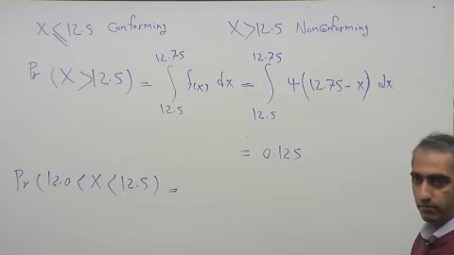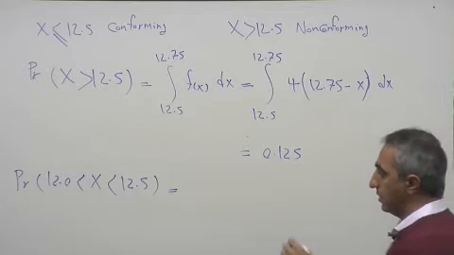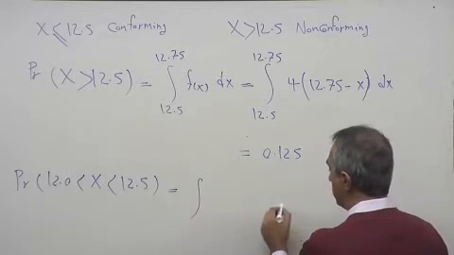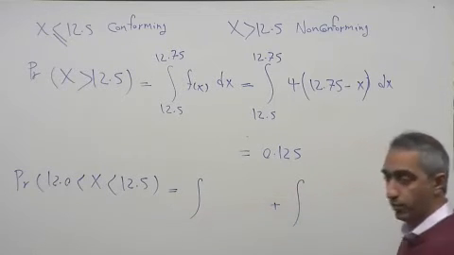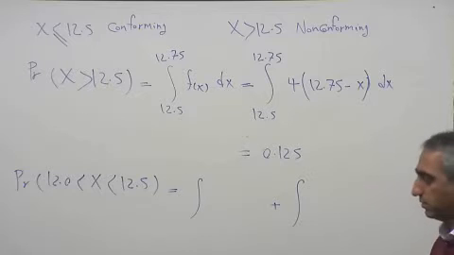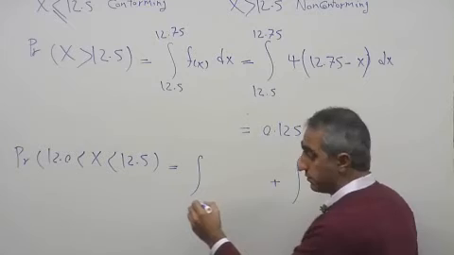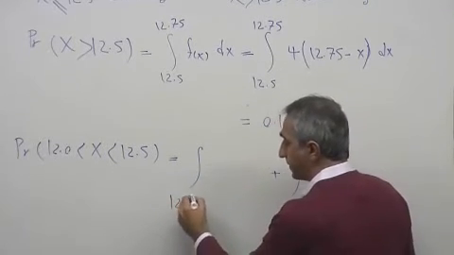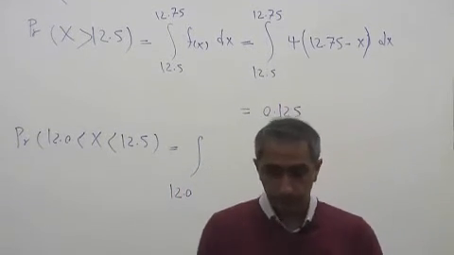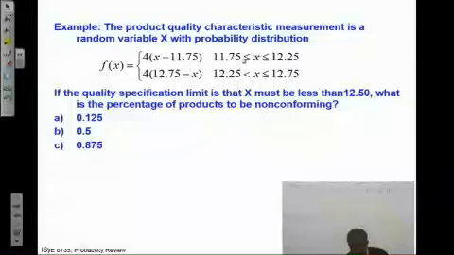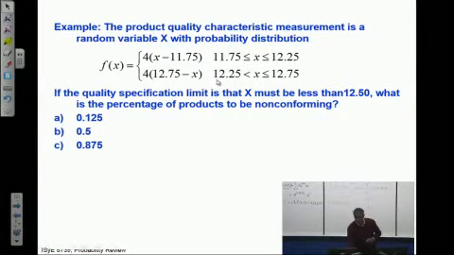We would have to integrate both equations. The first one is from 12, because 12 belongs to this range and 12.5 belongs to this range.